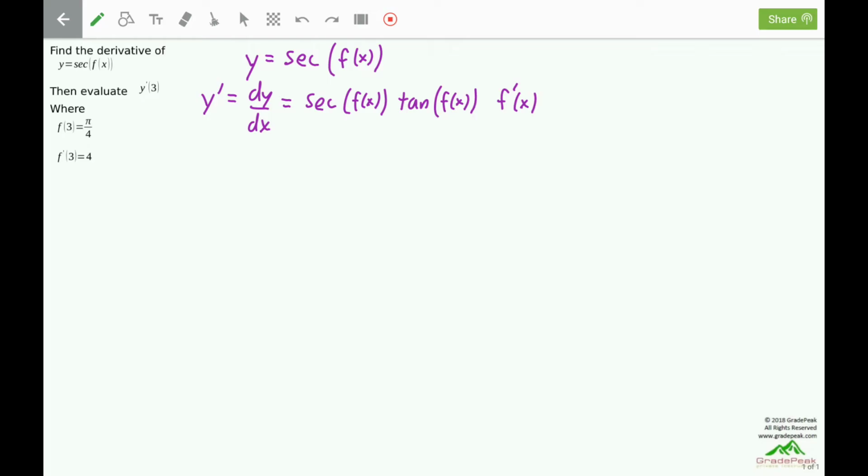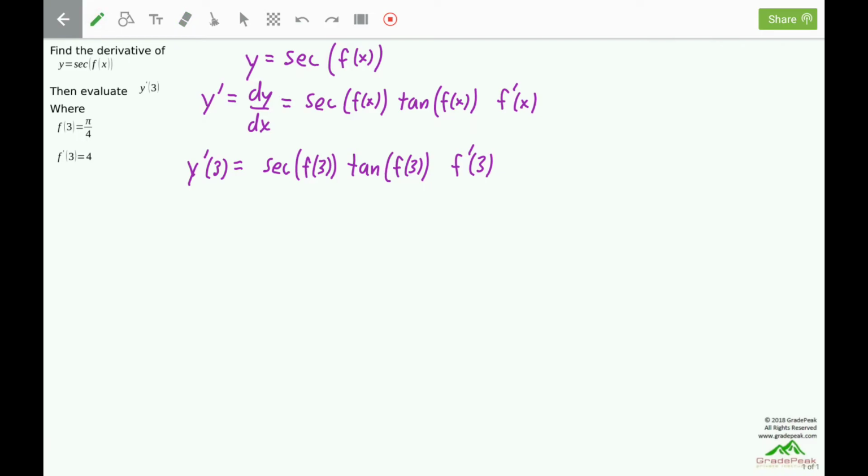The next thing to do is to evaluate y prime of 3. Y prime of 3 means to plug a 3 in for each of the x's. So we'll have secant of f of 3, tangent also of f of 3, and then all this multiplied by f prime of 3.